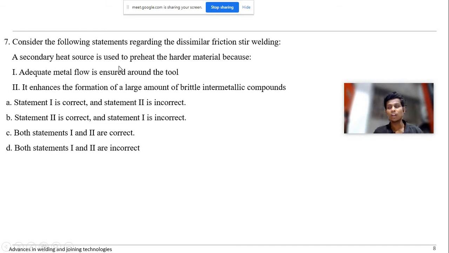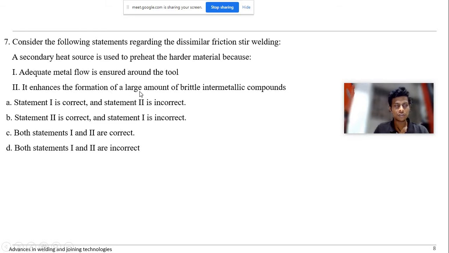Because of that, sometimes the hardness of the tool should be more, and if dissimilar joints or very hard materials need to be joined, then you need to go for hybrid friction stir welding. Hybrid in the sense that a secondary heat source like an arc or plasma can be used. So the statement is: a secondary heat source is used to preheat the harder material because adequate metal flow is ensured around the two. Yes, this is true.